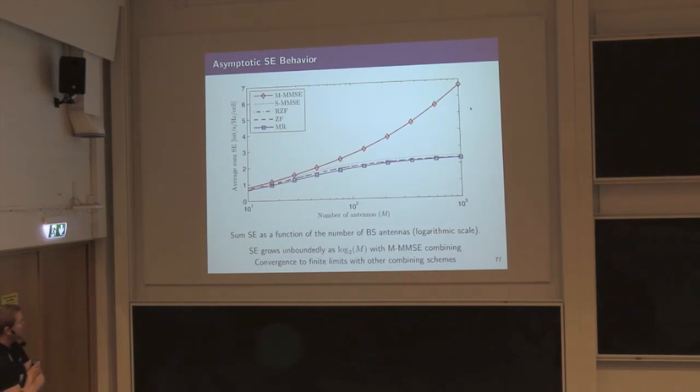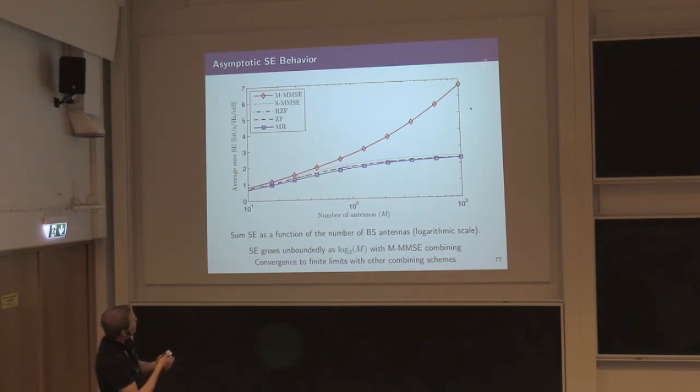Here is what happens. I have the average sum spectral efficiency in my cell with respect to the number of antennas. And note that I use logarithmic scales. I have 10, 100, 1,000 antennas. What you can see here is that with maximum ratio, zero forcing, regularized zero forcing, and single-cell MMSE, all of them seem to converge to a limit, while the multi-cell MMSE case goes up towards infinity.